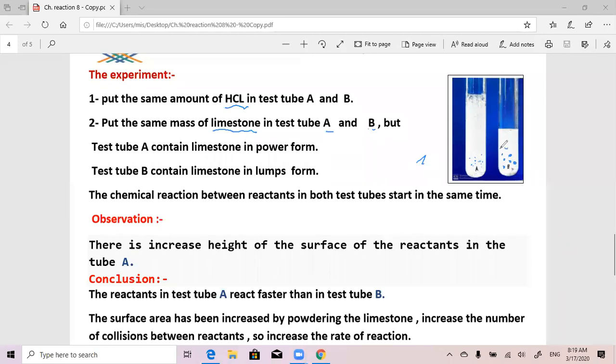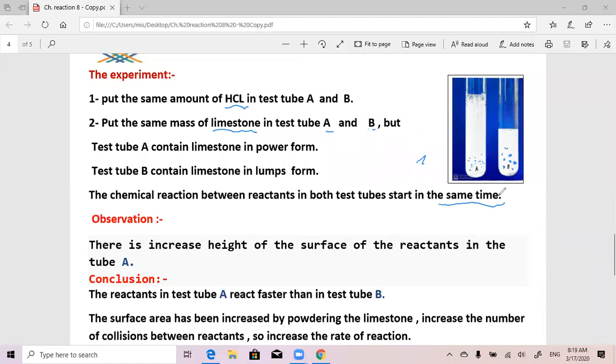Understand? Initiate the reaction at the same time.